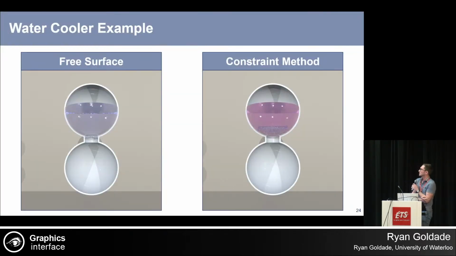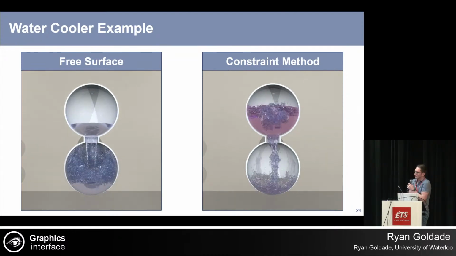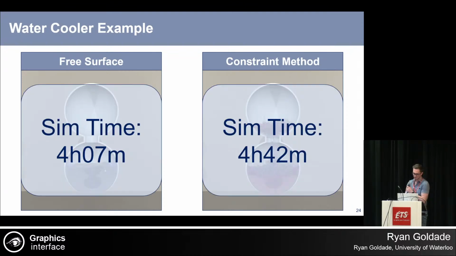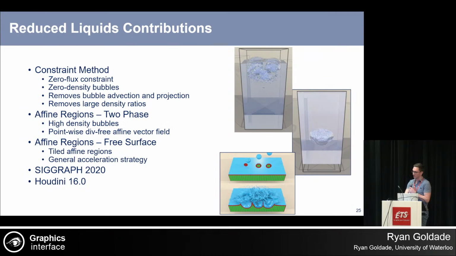And so we propose, instead of fully simulating the air regions, to use a constraint method, where we just have a single incompressibility constraint per air region, and then we're able to recover the glugging motion you'd expect from a water cooler. Right, and so using our constraint method only introduces a small additional cost over the free surface example, which couldn't capture the phenomena at all.